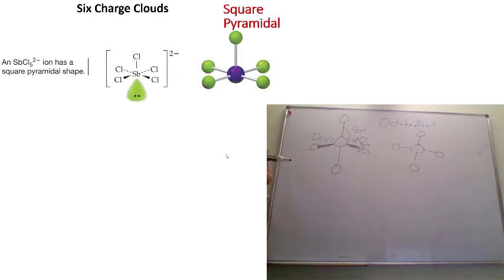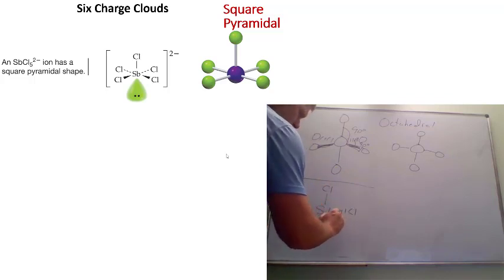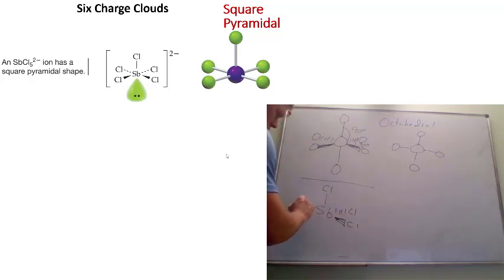Next, what if we substitute one lone pair for one of these charged clouds in the octahedral parent geometry? So what you're going to get is, for example, SbCl5. We have our central atom. And so we're just going to draw these lone pairs in the axial position. So we have our lone pair shown here at the bottom. And then in the center, we have our 4 chlorines and then the 1 axial chlorine on top.